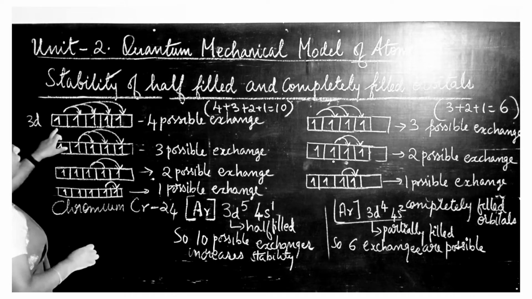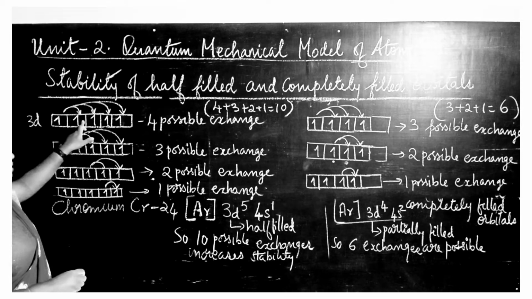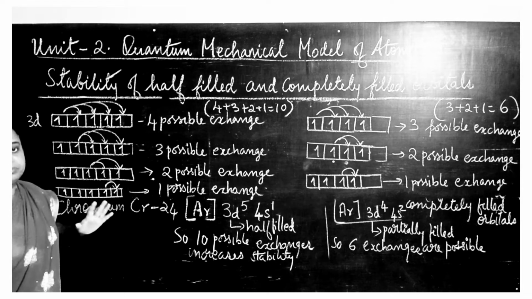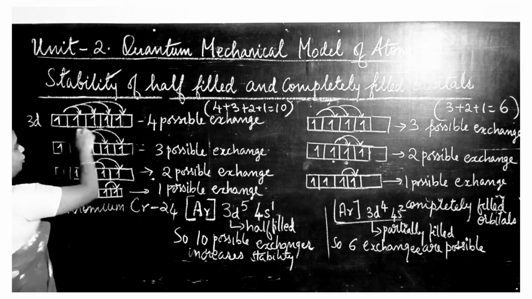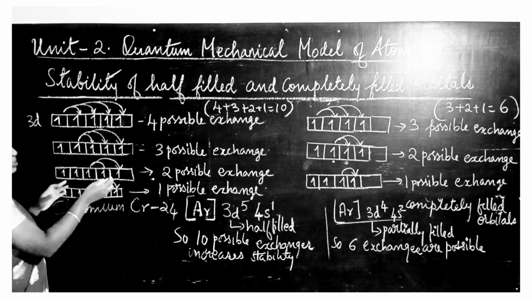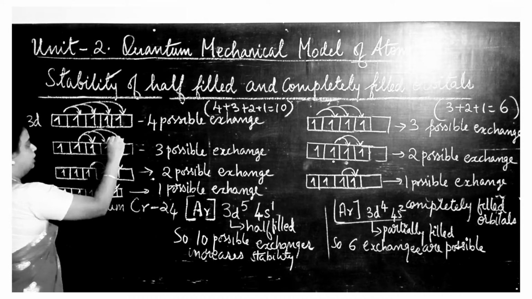So the first electron can exchange its position to the second block, third block, fourth block, fifth block. Likewise, 4 possible exchanges, whereas here the second electron can exchange its position to this one, second position, third position.